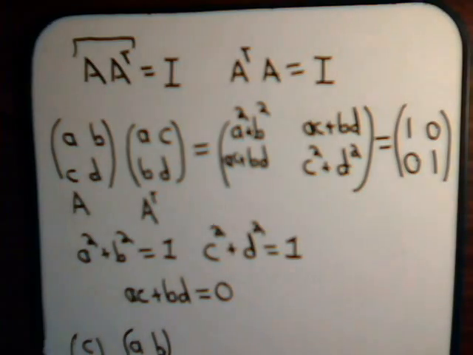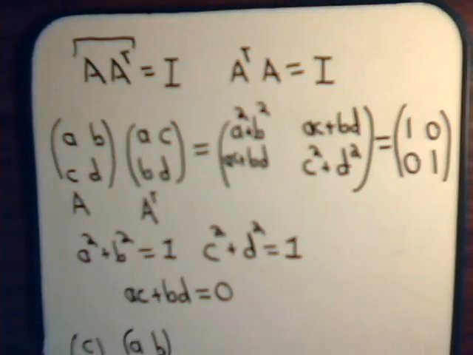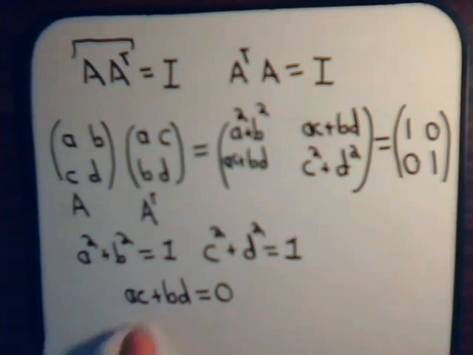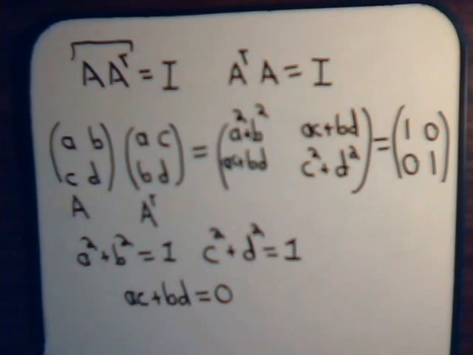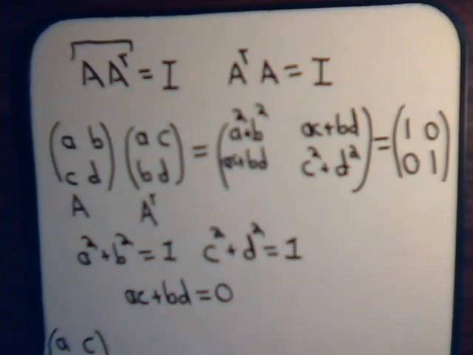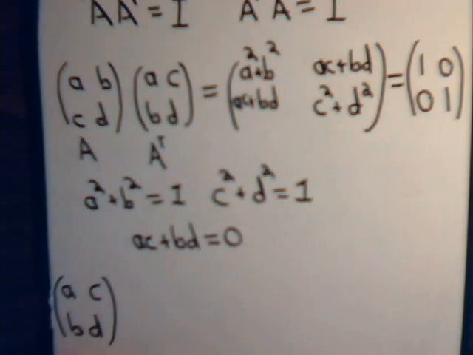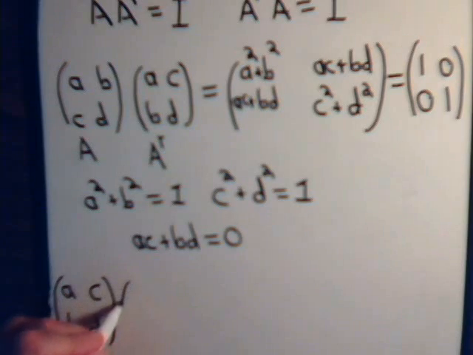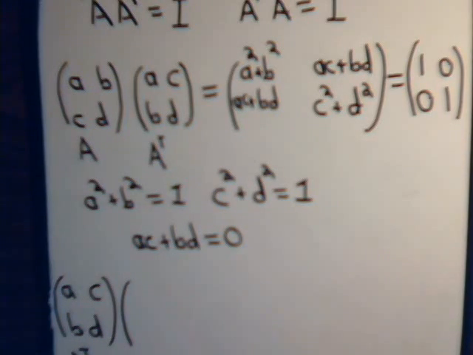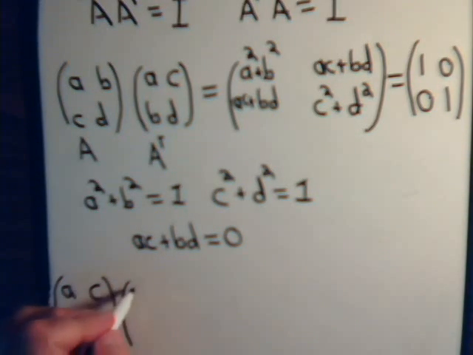Now, let's consider this. Now we have A transpose times matrix A, which is this.